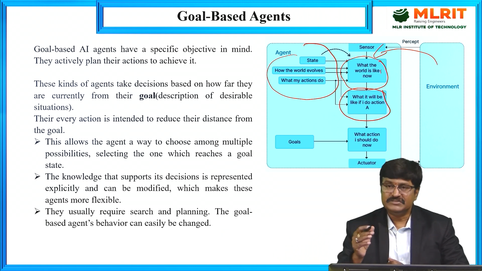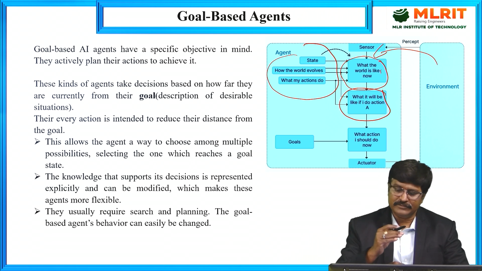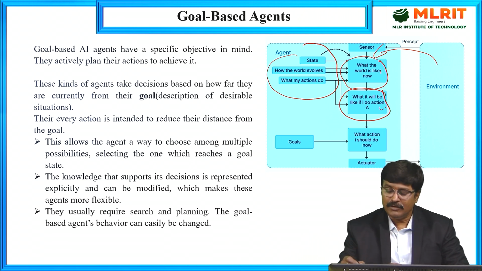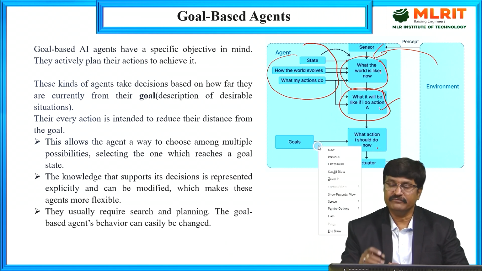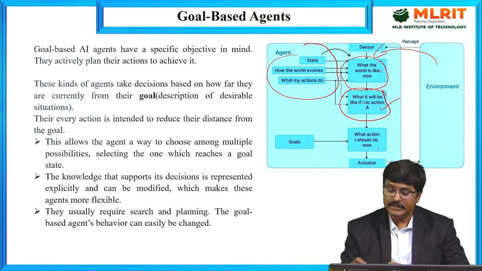If I take a decision like this, what happens? If I take a decision like this, what happens? There are options. Then what action should I take now, based on the present goal condition, where I am, and how far I am from the goal? The action is carried out through actuators.